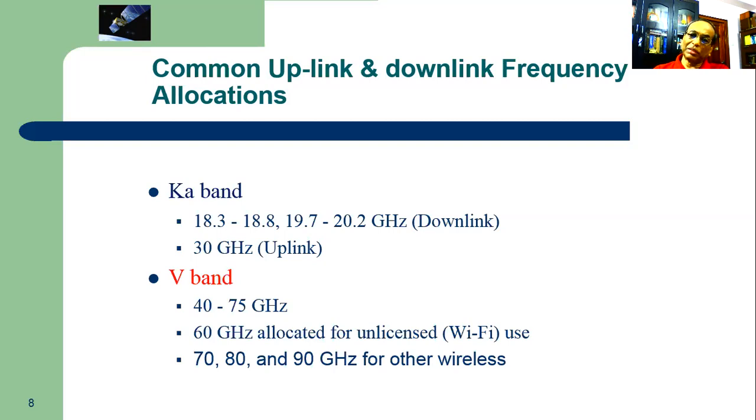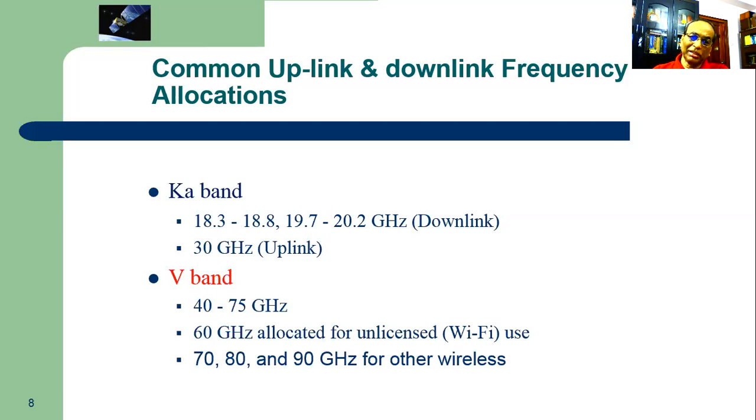These two parts are for the downlinking, and 30 gigahertz is for the uplinking. So in Ka band, the lower part is divided into two, and these two are being used for the downlinking, and 30 gigahertz, the higher part, is for the uplinking.